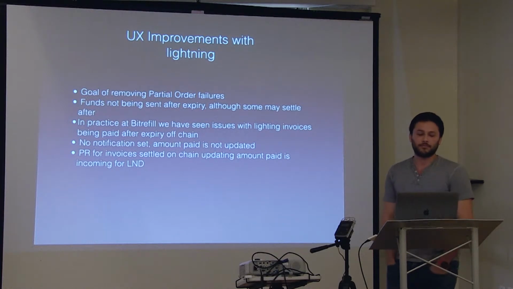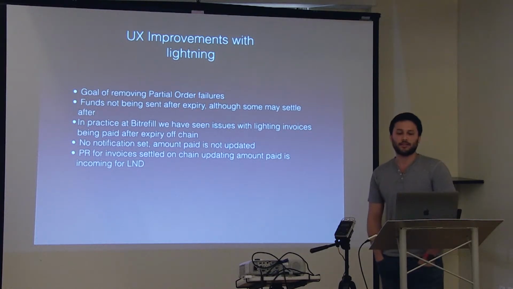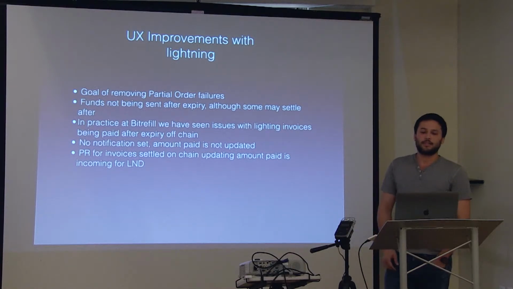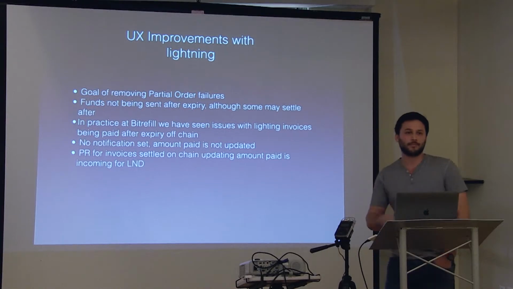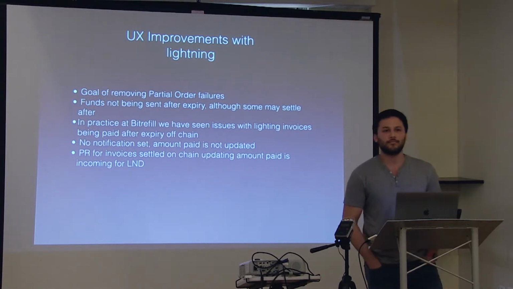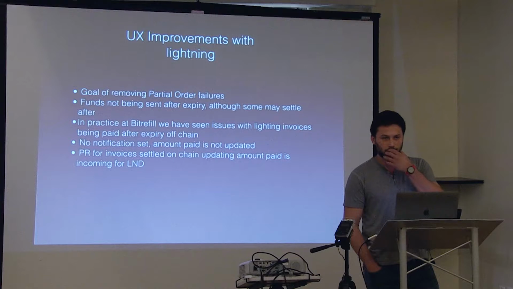Some issues I've had with Lightning payments on the UX for users have been funds being sent after expiry on-chain. This usually does not happen off-chain, but in some cases it does happen, which causes some issues. With LND, for example, no notification is sent after. So you're saying that you have the expiry encoded in the Lightning invoice.